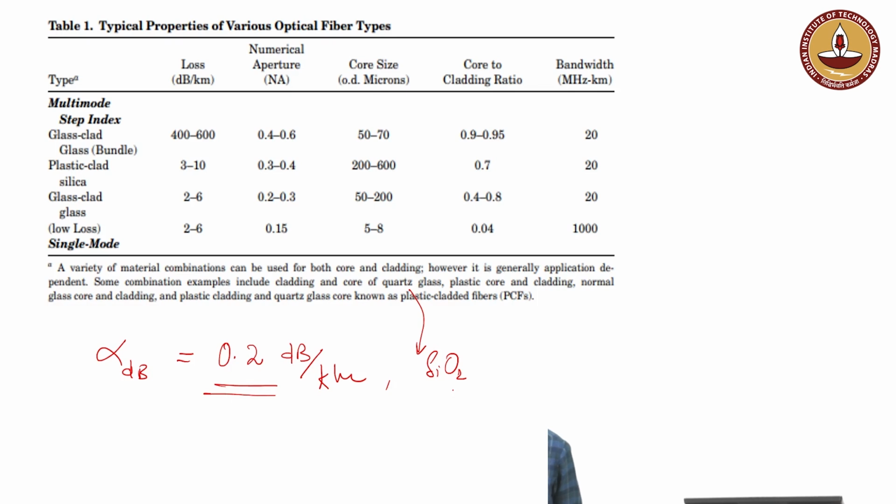What should be the core diameter corresponding to that cutoff for single mode operation?